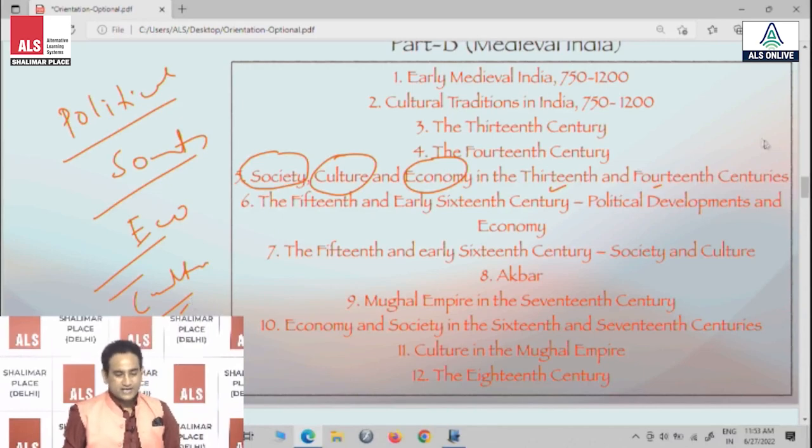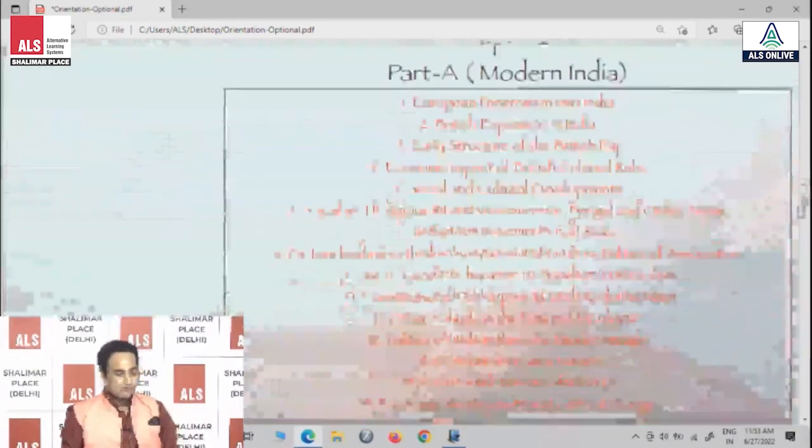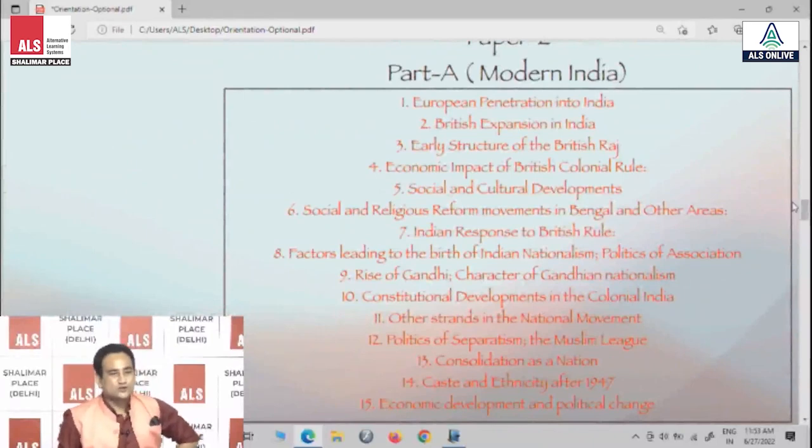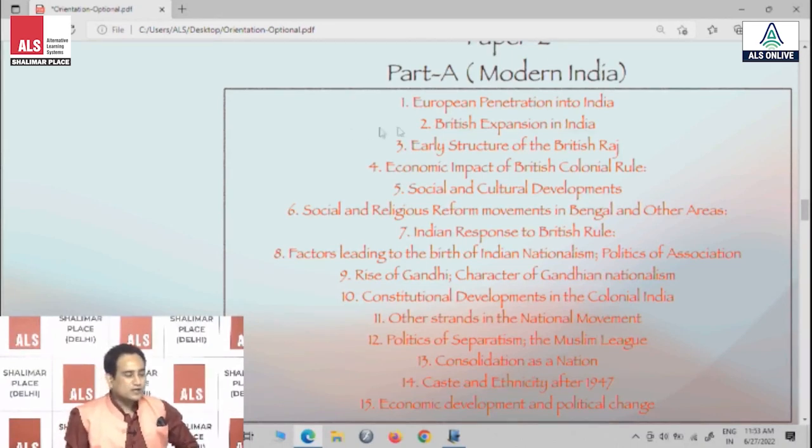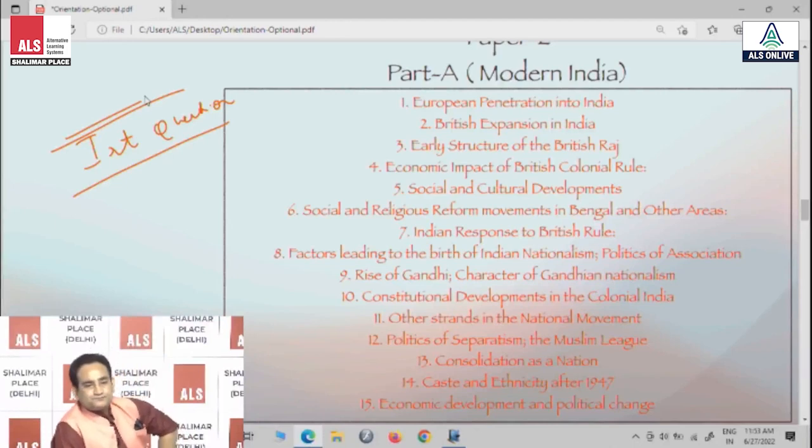Is it fine now? Then come to paper 2. In paper 2 also, you have part 1, modern India, and part 2, world history. Even in modern India, the first question is compulsory. What is the first question of modern India? Any idea?